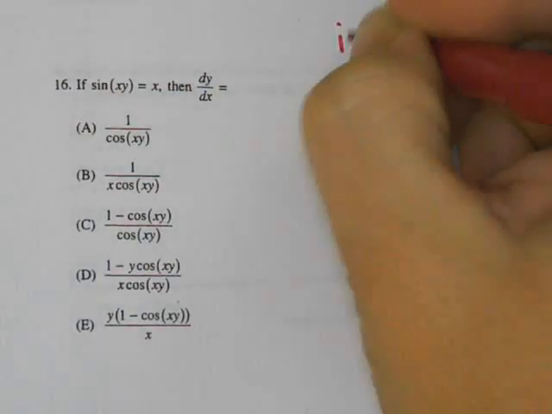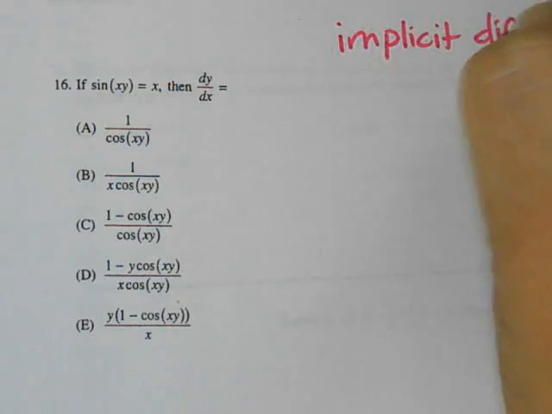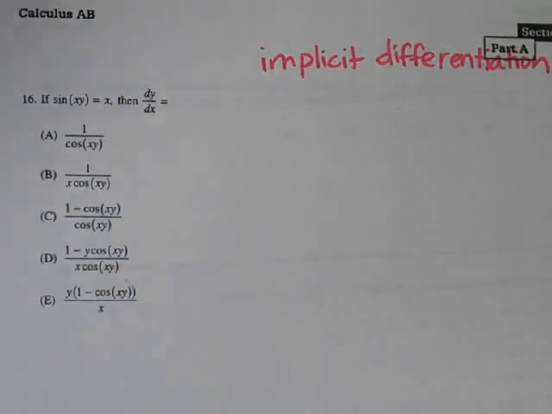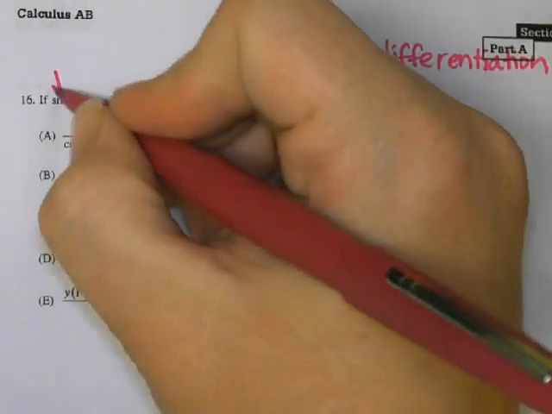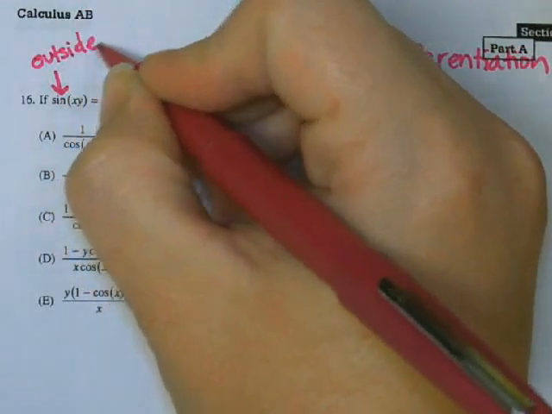And on this side, we have to do the chain rule because sine is on the outside and xy is on the inside. And when we do the derivative of xy, that's the product rule. So this is hard on a lot of levels. It's hard because it's implicit differentiation. It's hard because it's got chain rule and product rule. So you want to be really careful when you're doing this one.